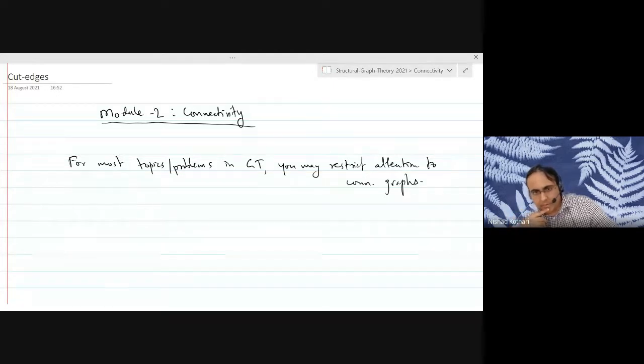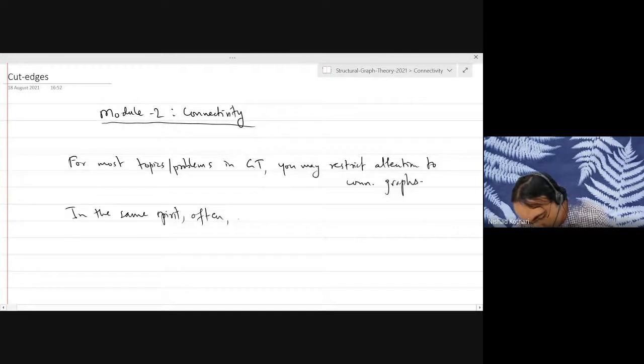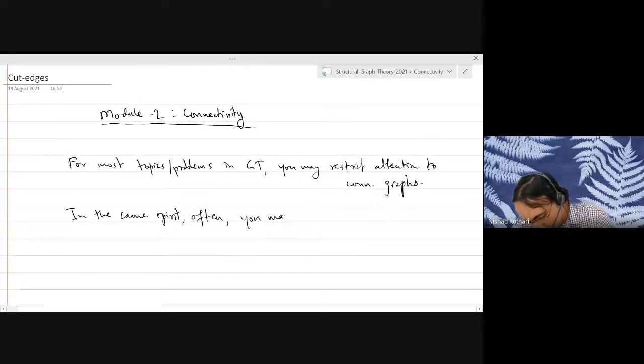However, in many areas of graph theory, as we will see as we keep moving on, you can actually restrict yourself to well-connected graphs. So in the same spirit, often you may restrict attention to well-connected graphs.